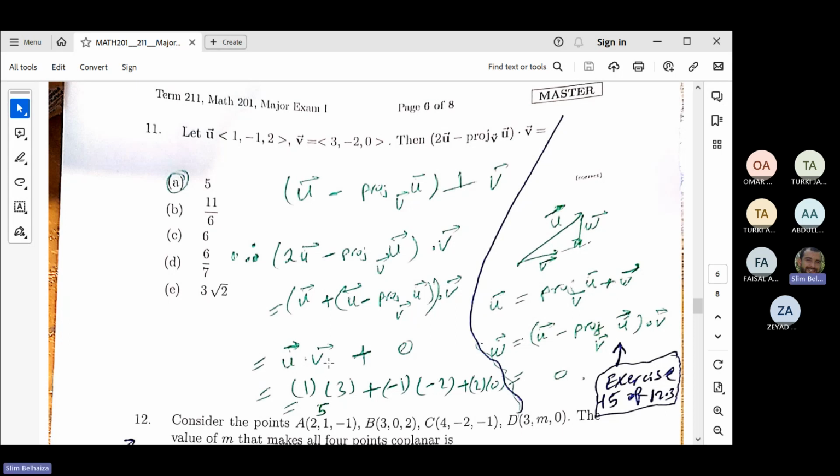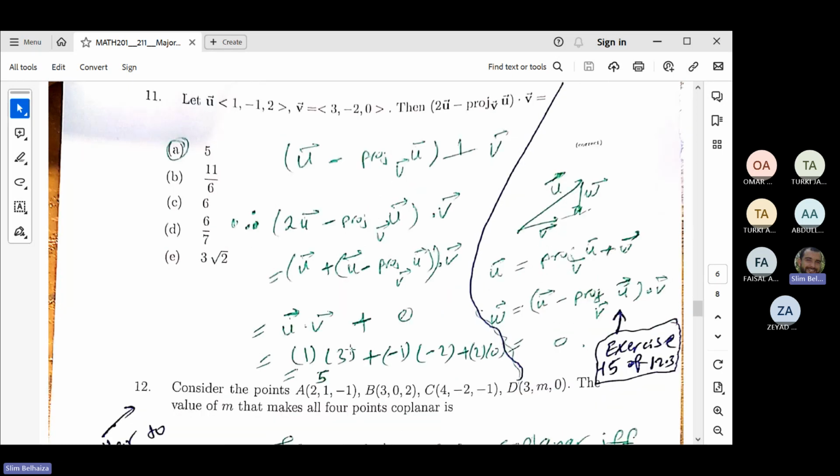Of course, if you didn't know this trick or you didn't recall what is u minus projection of u onto v, this is what we called in the lecture the orthogonal component of u in terms of v. So we have to understand that this is orthogonal to v, so it ends up being just the dot product u dot v.